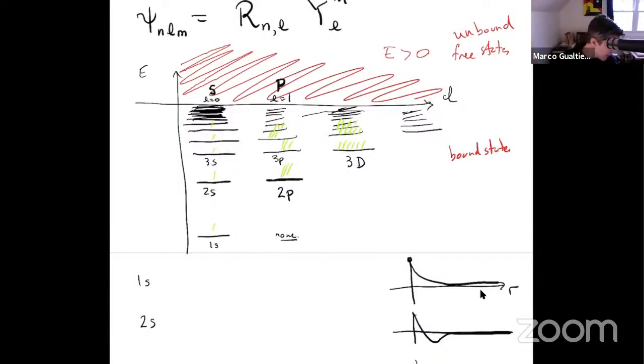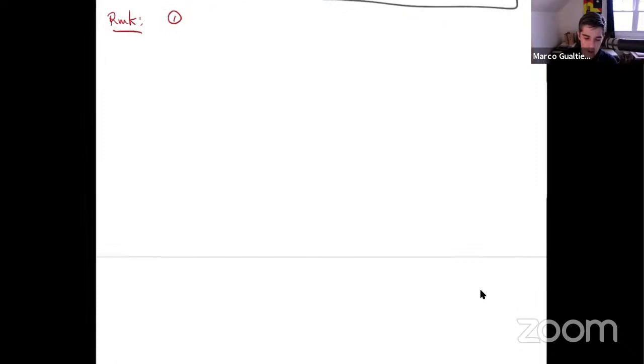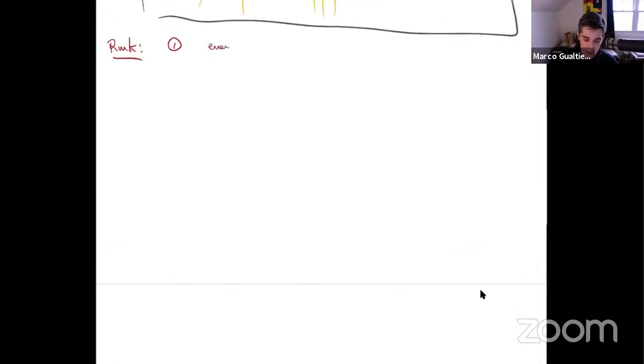So this is called a selection rule. Some remarks: that's what I'm doing today, making a bunch of remarks to teach you how this is applied in chemistry. So first of all, the energies are proportional to 1 over n squared.